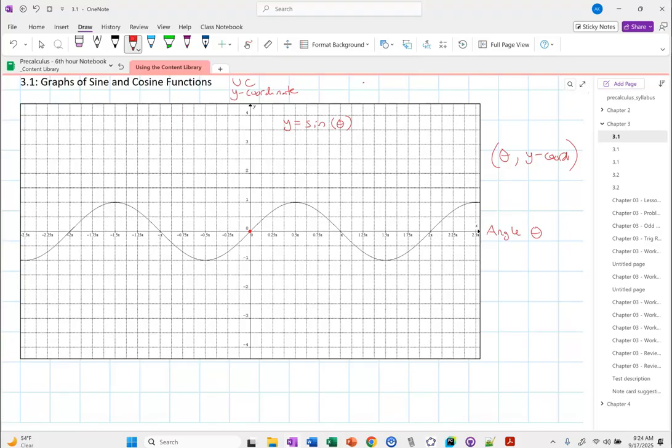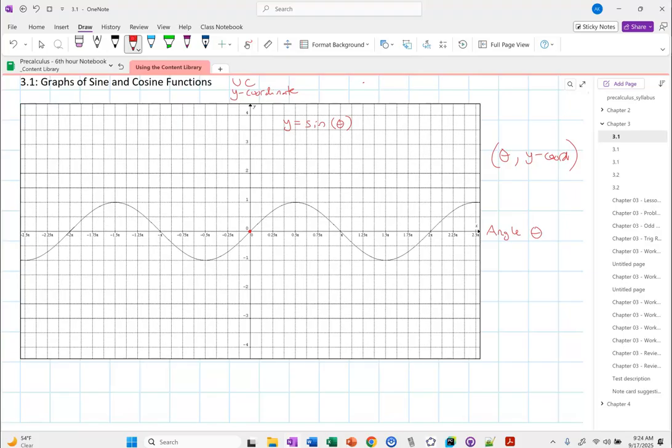If I look at my x-axis, my next tick mark is at 0.25 pi. Or as a fraction, that would be 1/4 pi, or pi over 4. So on your unit circle, find the angle pi over 4. That's the same as 45 degrees.